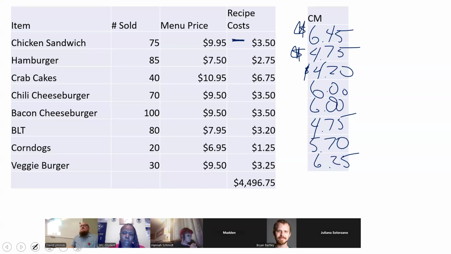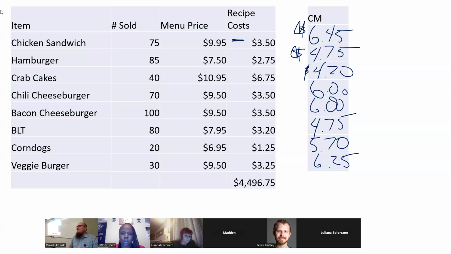The way we determine whether something is high or low is we find the average first. Everything above it is considered high, and everything below the average is considered low.